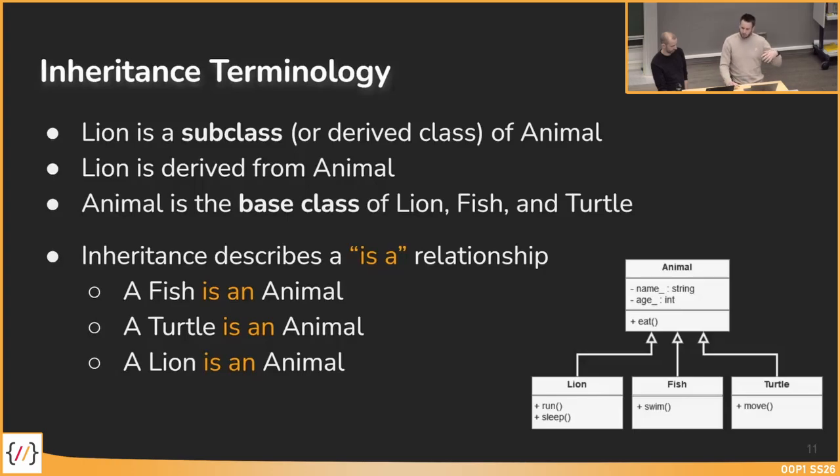So a fish is not only a fish, but also an animal. A turtle is not only a turtle, but also an animal. And this is basically the concept of inheritance so far. But we're not finished yet. This is just a start of what inheritance is. Today we will have a look at how we can implement that in C++.